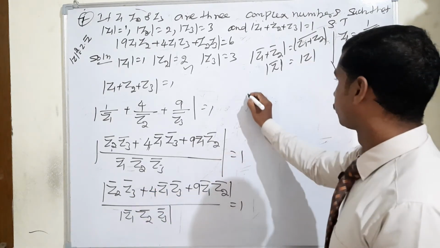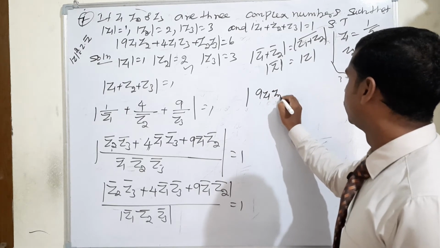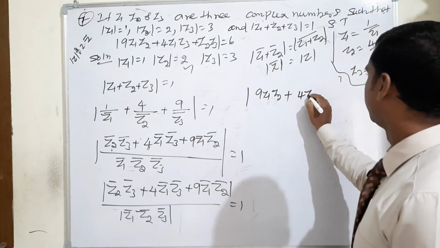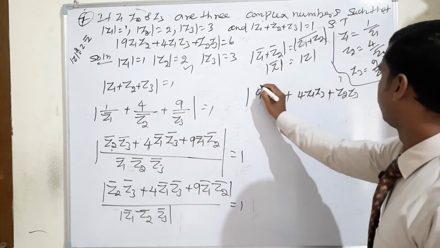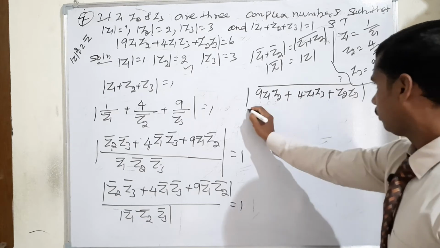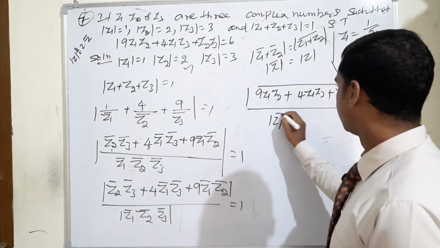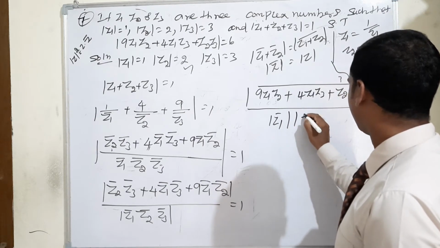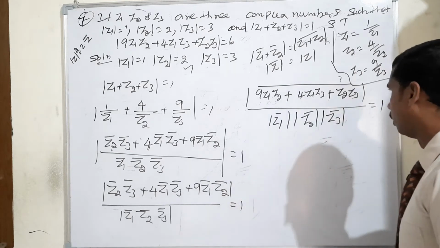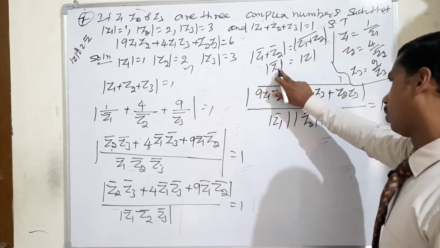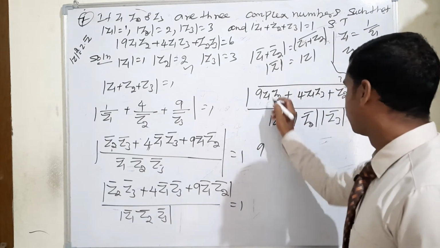First we write the bigger number, 9 Z1 Z2 plus 4 Z1 Z3 plus Z2 Z3 the whole bar, divided by the separate terms modulus Z1 bar, modulus Z2 bar, modulus Z3 bar, is equal to 1. So now, by the second property, modulus of Z bar is the same as modulus of Z, we can write it without bar. So here also we can rewrite.